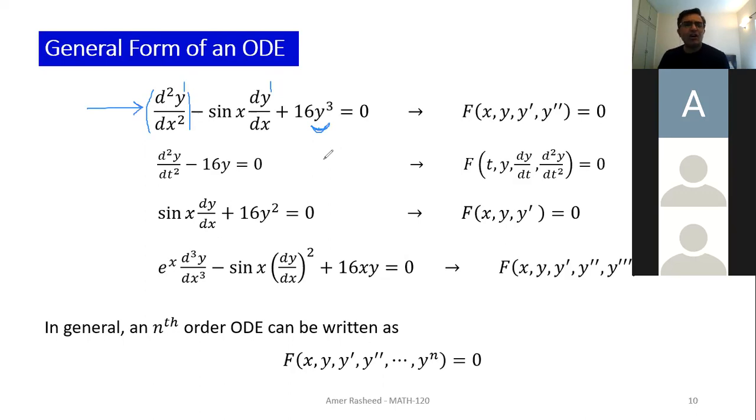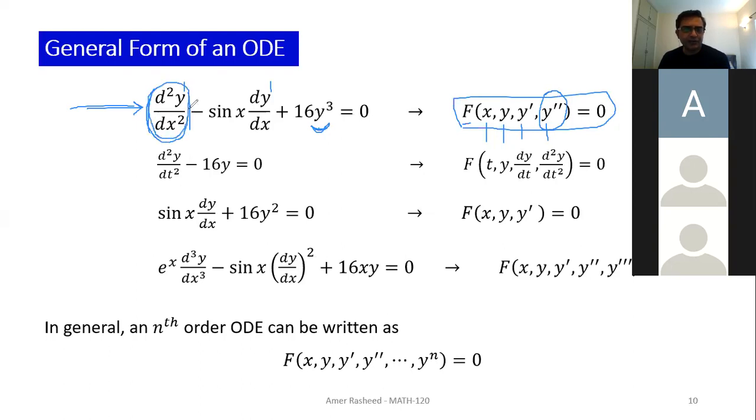Whether it is linear or non-linear, we can write any differential equation, for example this one, in this way. So what is f? F is a general function where x is the independent variable, y is a function, y dash is the first derivative, y double dash is the second derivative. We stop here because this differential equation has two derivatives at maximum.